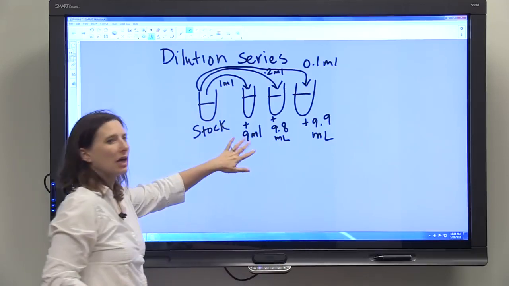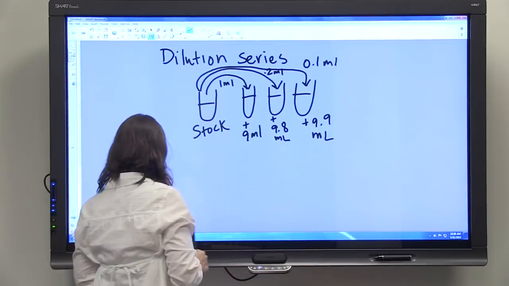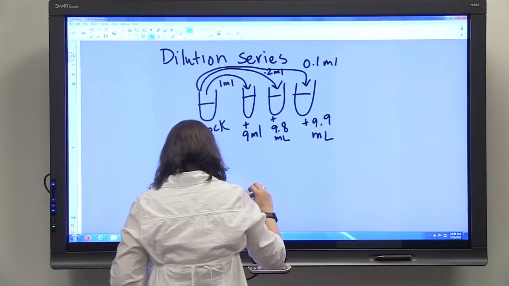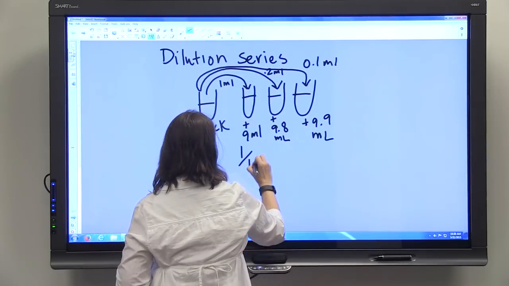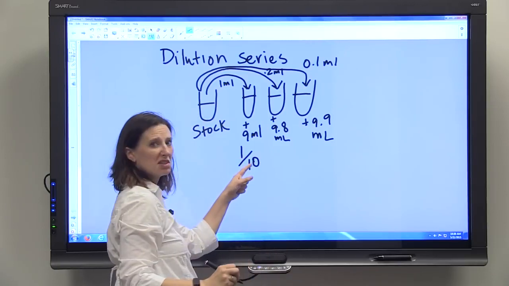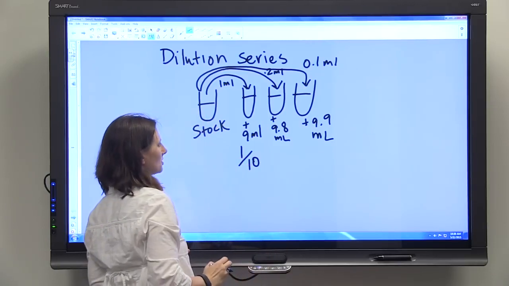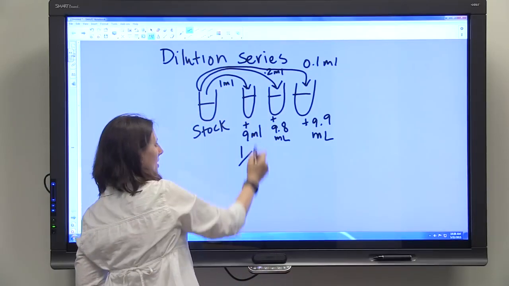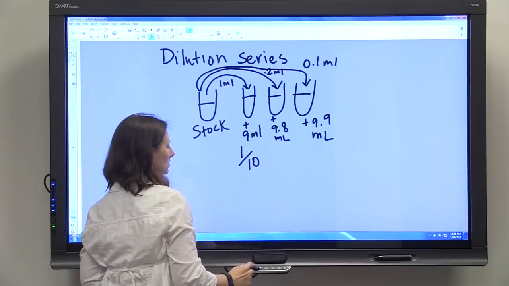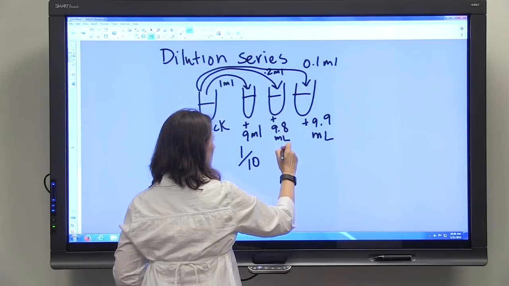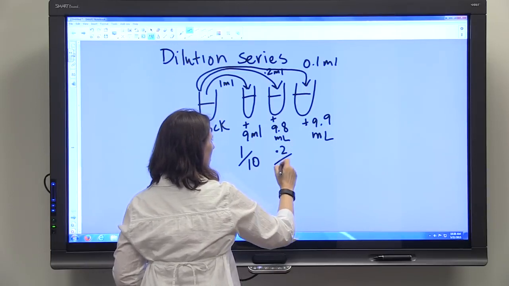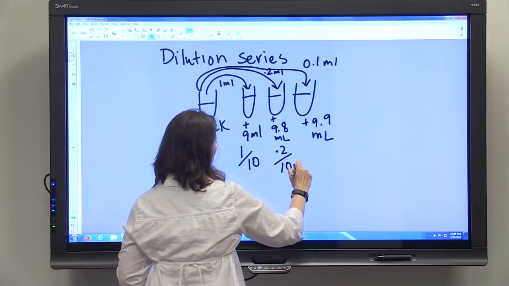So let's take a look at what doing that has done to our concentrations. We're going to have 1/10 of our stock concentration because it's 1 mL in 10 mLs total. In the second test tube, we have 0.2 mLs out of 10 mLs total.